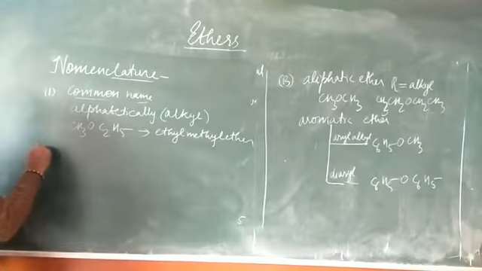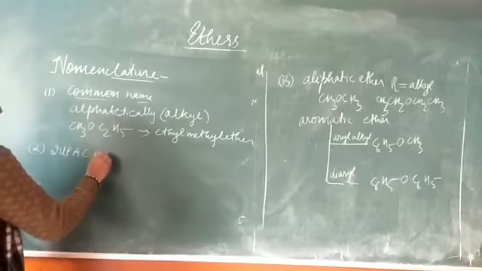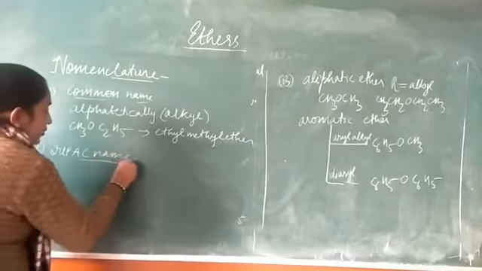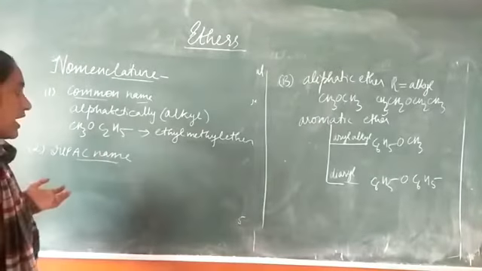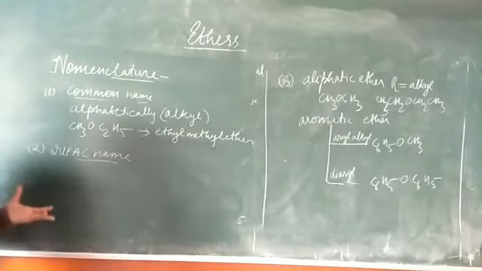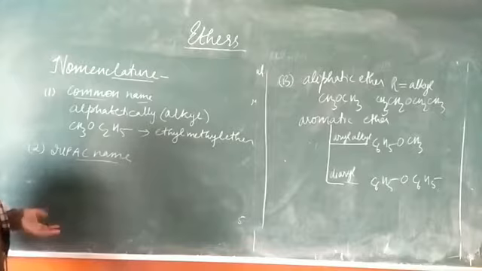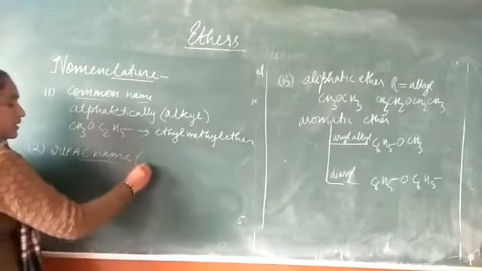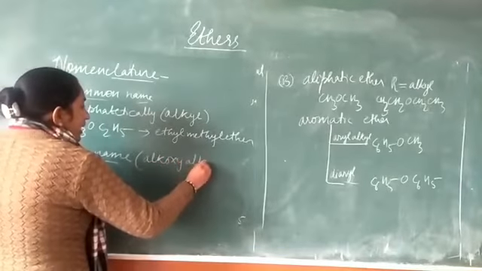But if we have to name its IUPAC name, students, the higher alkyl group will become the parent compound, right? The IUPAC name is in the format alkoxyalkane.